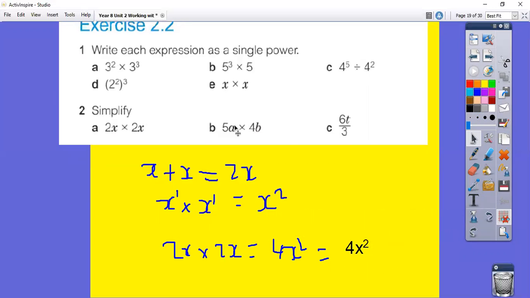Okay, so you guys now try and do question part B and part C. Remember to write out the question, show your workings, and then show your final answer. Double underline to say, this is my final answer.